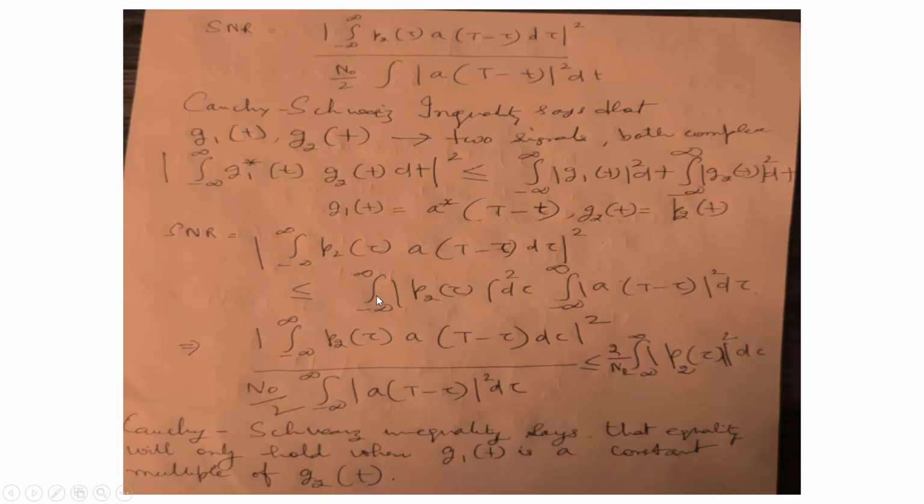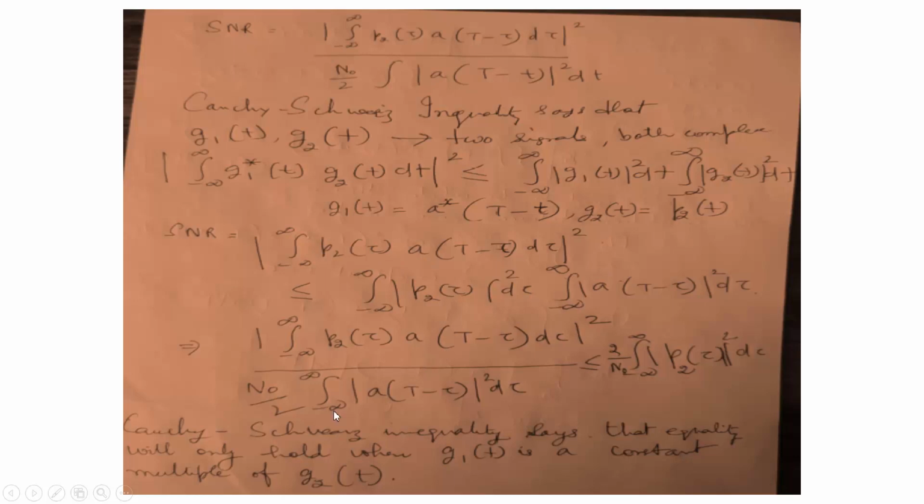So this is my signal power, and you will see that the noise power will cancel. That means the magnitude of A(T minus tau), this factor, will cancel out with this factor, because I am using the Cauchy integral to separate this single integral into two integrals.